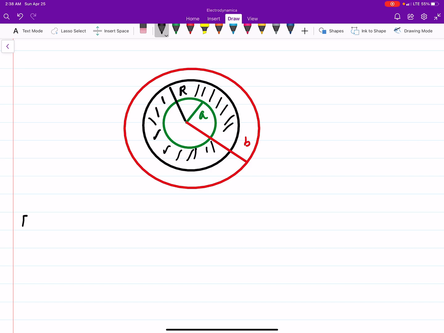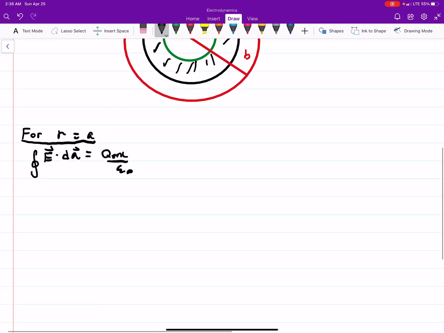So let's start for r less than or equal to a. In other words, inside. This is what we're going to do for all these. We'll do the closed surface integral of E dot dA equal to Q enclosed over epsilon naught. We've done this a million times.